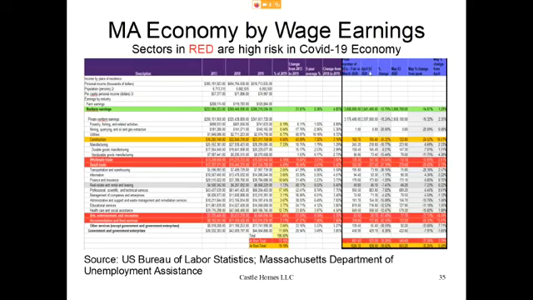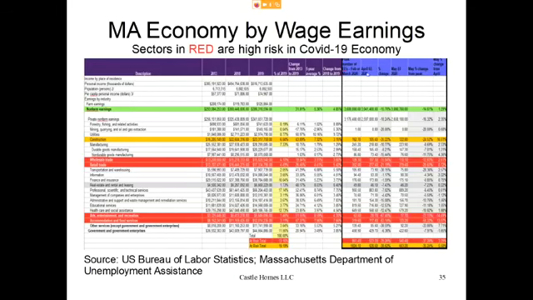Then I have the April employees. This is the percent change from peak. And then I took the May employees. This is the May change from peak. And then this is the monthly change from April to May. All right, so I hope that still makes sense and I haven't lost everybody.